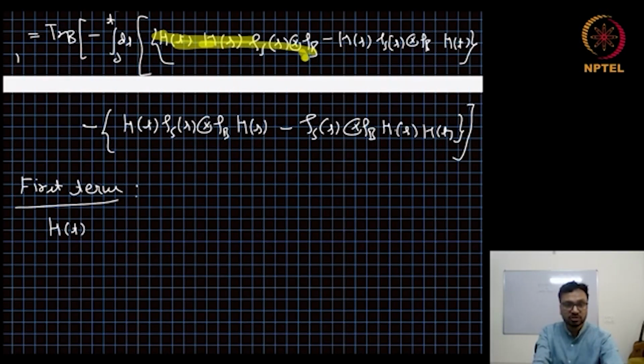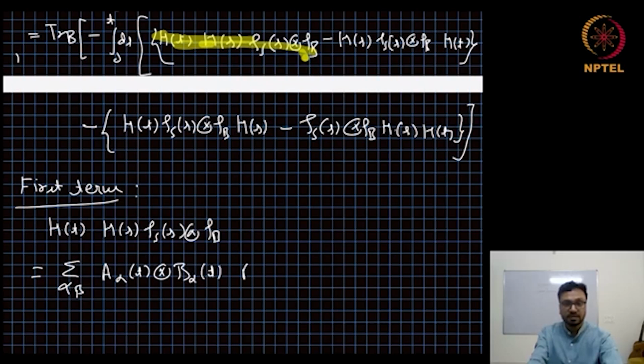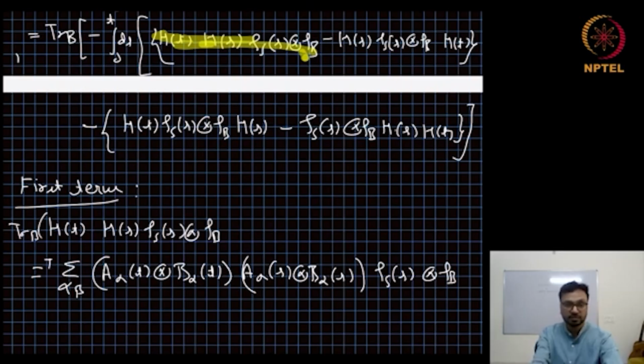So the first term is H(t) H(s) rho S(s) times rho B. We can expand H(t) and H(s) in terms of A alpha and B alpha, and we get sum over alpha, beta of A alpha at time t tensor B alpha at time t, A beta at time s tensor B beta at time s, rho S(s) tensor rho B, and then there's a trace over bath. We will worry about that later.